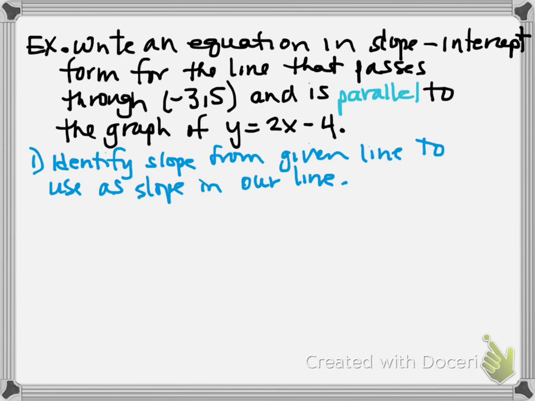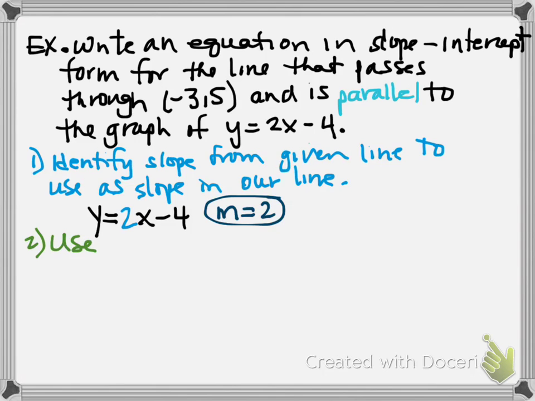Now, this one was super nice that they wrote it for us in slope-intercept form. So finding slope is pretty simple. y equals 2x minus 4. So we can identify the slope as being 2. Now we're going to use that slope with the point, and in this case, we're going to use point-slope form because that's the information we have.